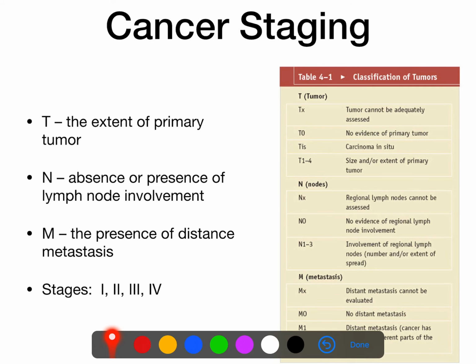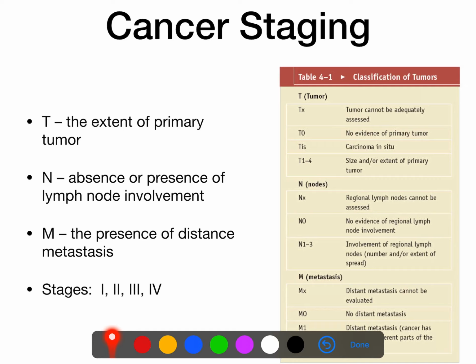And cancer is usually rated by stage 1, 2, 3, and 4, with increasing severity to each one.